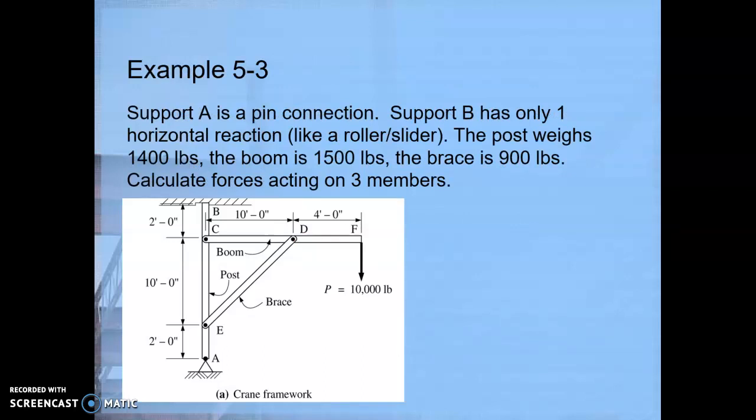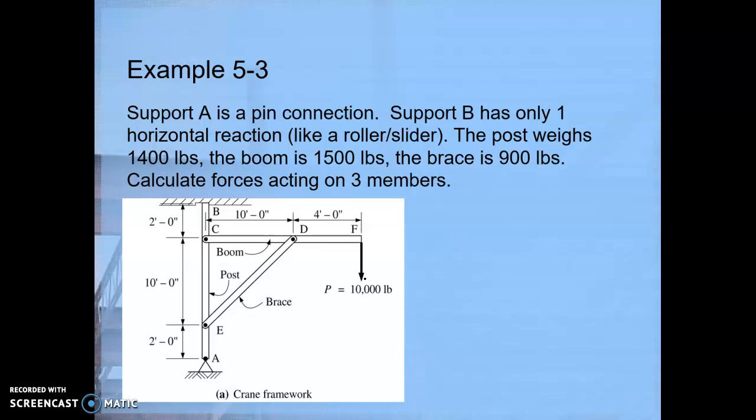So here is a frame. We have a vertical column supported by this pin reaction at A. At B, the support is going to prevent it from moving further to the right, it looks like.